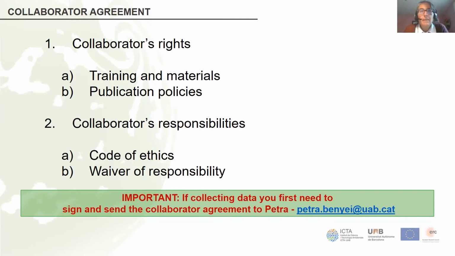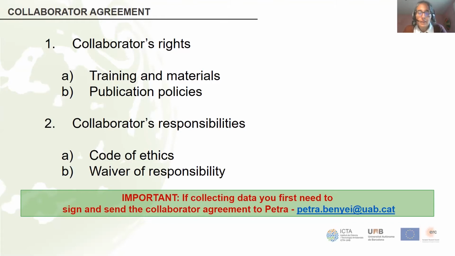So basically, the main idea of these publication policies is that data belong to the person who collects the data. So any one of you who takes these methods, applies them and collects data, you are free to use it in any way you want, right? And none of the LICCI team will publish any of your data alone.